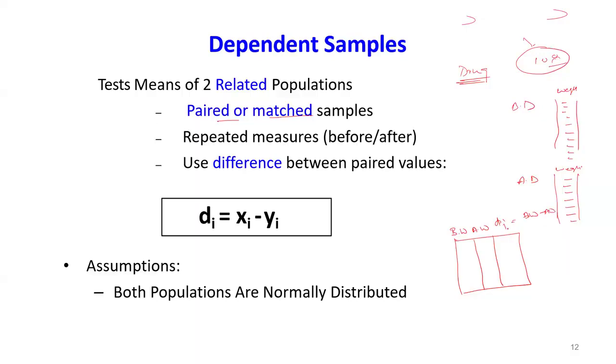That would be your Di. So if before the experiment the weight is 100 and after that it is 80, then 100 minus 80, 20 would be the difference. I will collect this for all the 20 observations, the 20 objects which I have in my sample. That is known as Di.